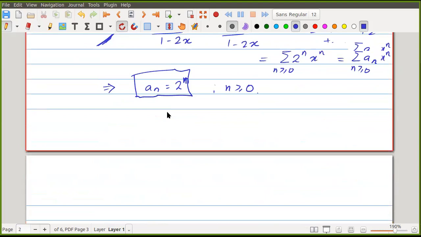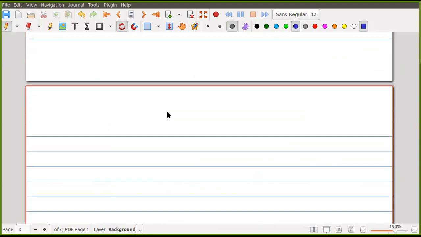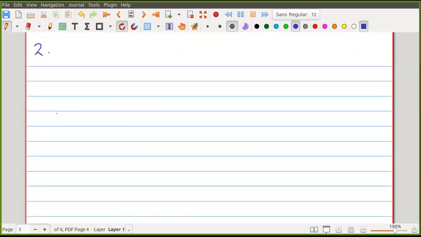Now, if instead of a baby example, we take something a little less intuitive, let's take a(n+1) to be 2 raised to an plus n. I just add this term n here.